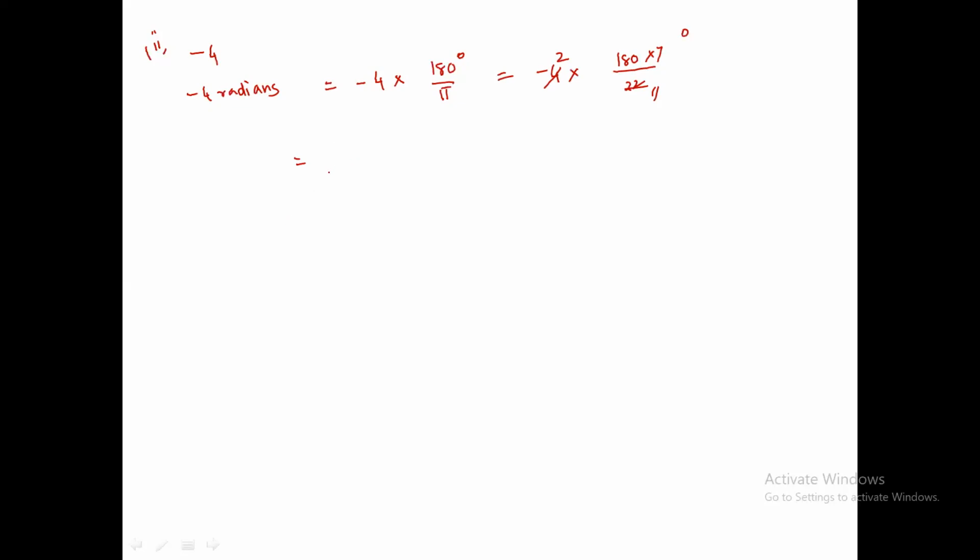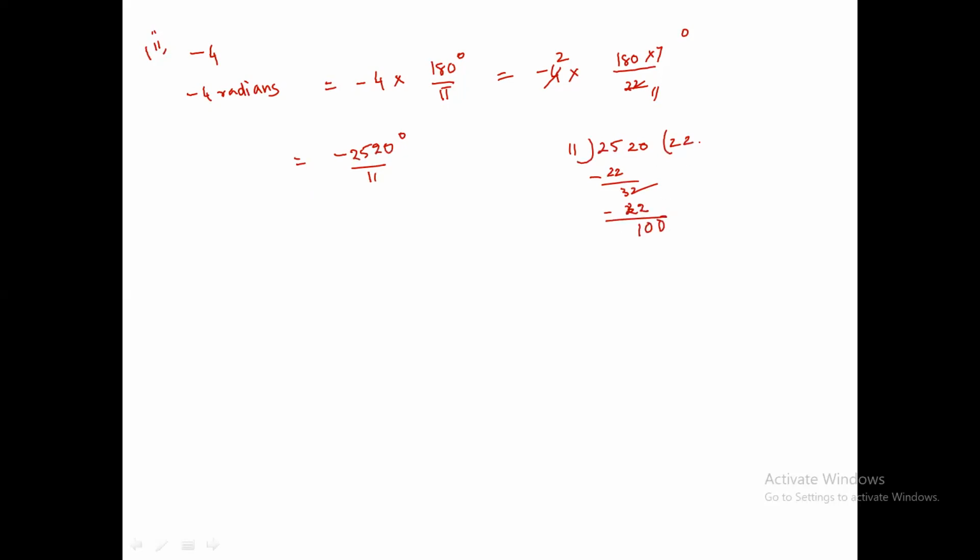Right? So that will be minus 2520 by 11 degrees. I can divide 2520 by 11. 11 2s 22. 3 2. 11 2s 22. 1 and 0.